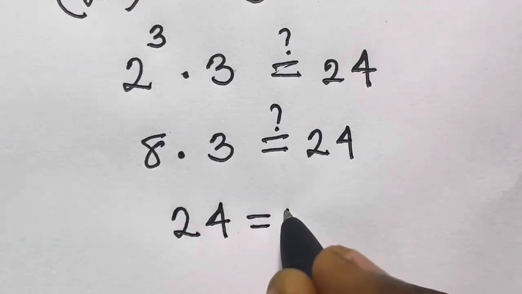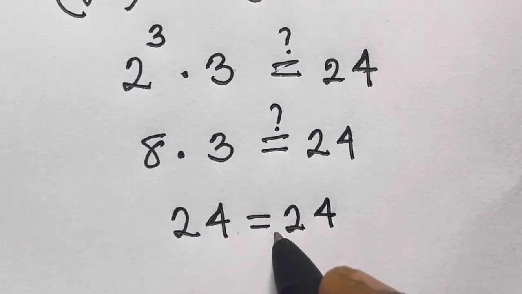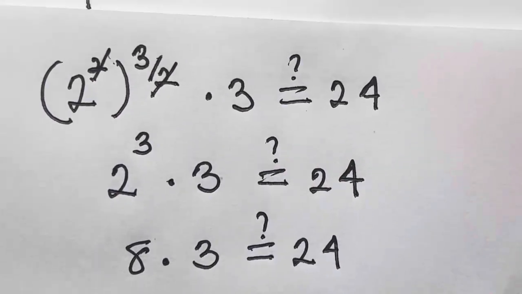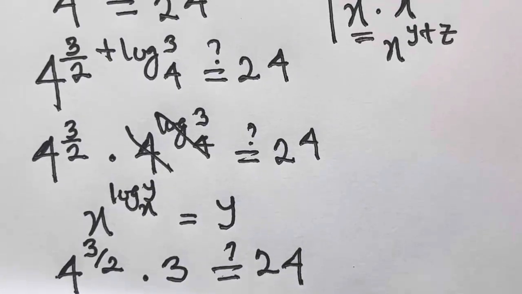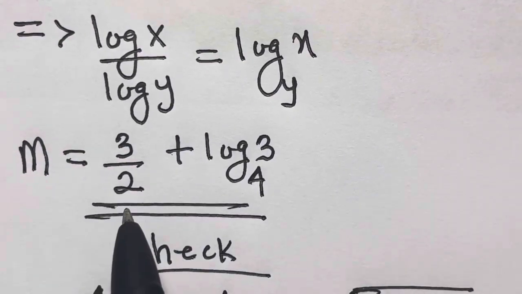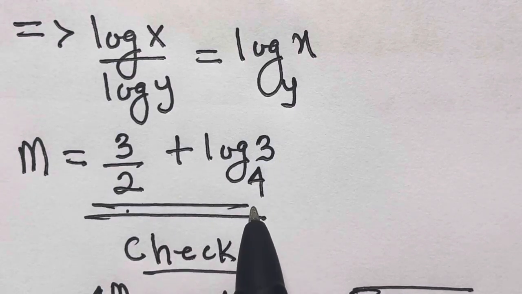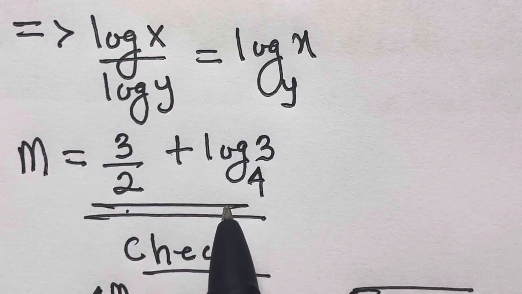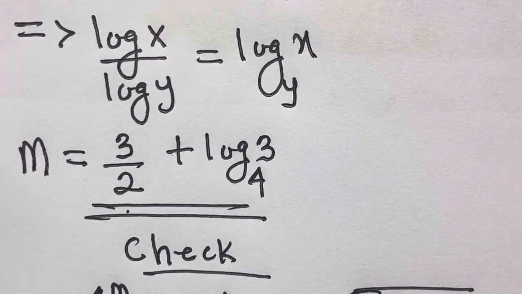So that means that we have 24 equals 24. Therefore our m equals 3 divided by 2 plus log 3 in base 4 is valid and satisfies the equation that says 4 raised to power m is equals 24.